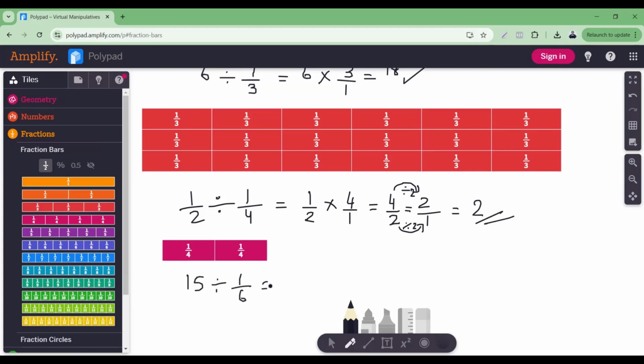What is the answer? And then 2/3 divided by 1/15. What is the answer? Do it with the trick as well as visually, and verify your answer, thereby solidifying your concepts of division of fractions.